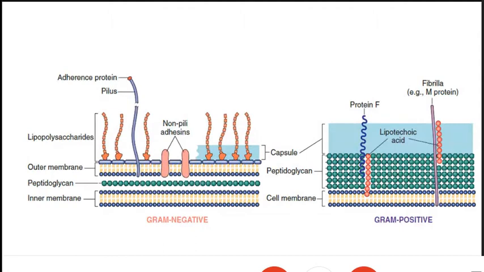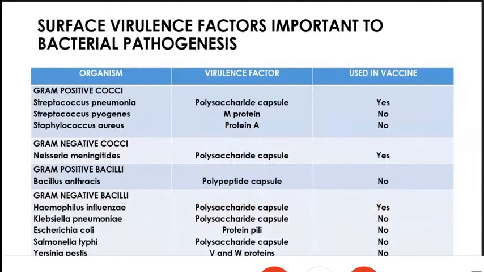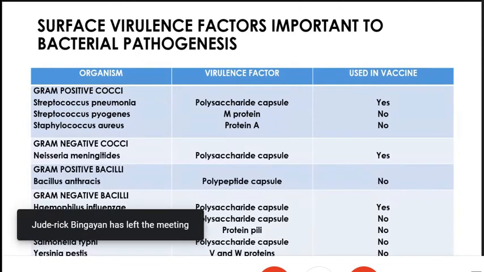Okay? So, for the surface virulence factors important to bacterial pathogenesis, like for your gram-positive cocci, you have your M protein for your Streptococcus pyogenes and your protein A for Staphylococcus aureus. Whereas for gram-negative cocci, you have there the polysaccharide capsule of Neisseria meningitidis and your polypeptide capsule for your Bacillus anthracis.